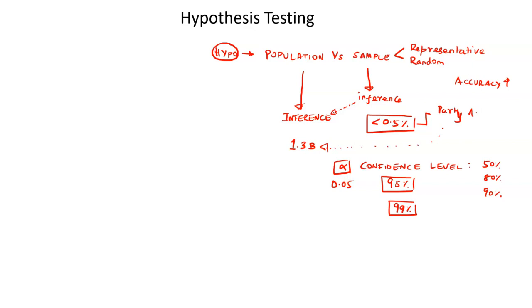Do you understand the concept of hypothesis testing? I have drawn some inference about the sample. I am now extrapolating it for the population. So I say that with a certain confidence, because it is healthcare, I want a higher confidence level. I don't want a lower confidence level, right?